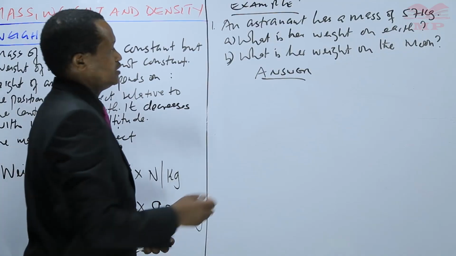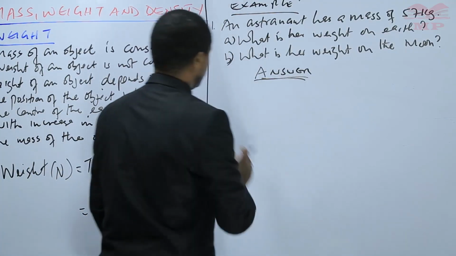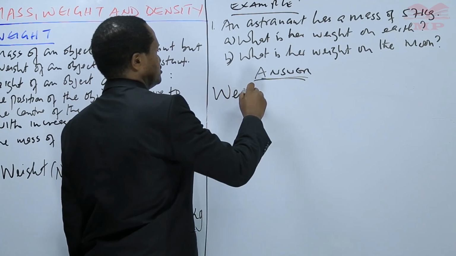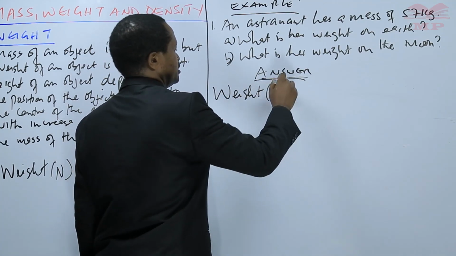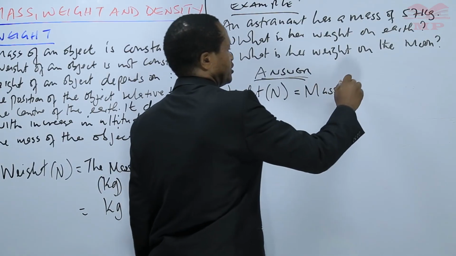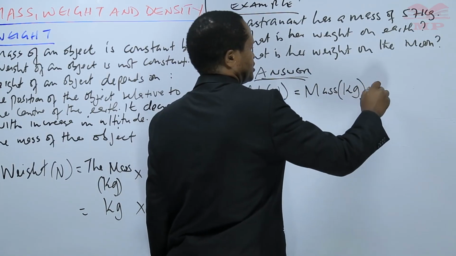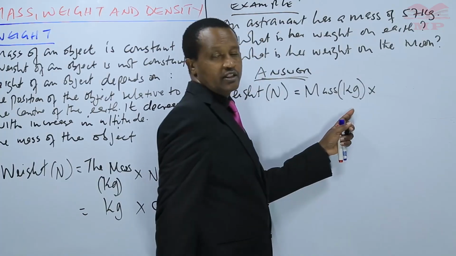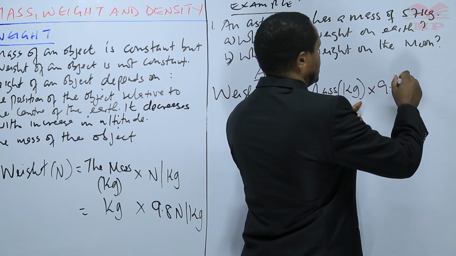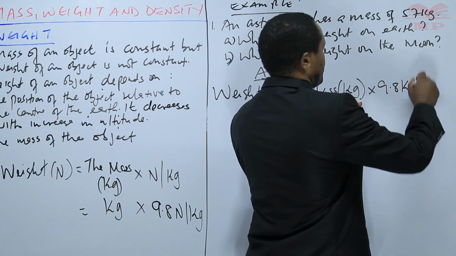We have learned that weight, which is measured in newtons, is equal to mass in kilograms times the force of 9.8 newtons per kilogram.